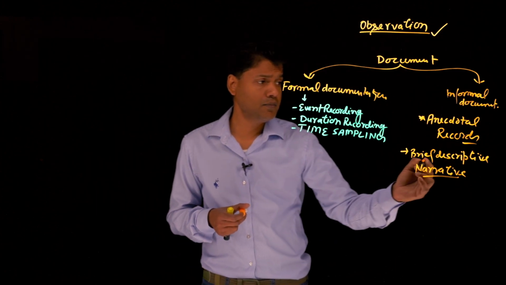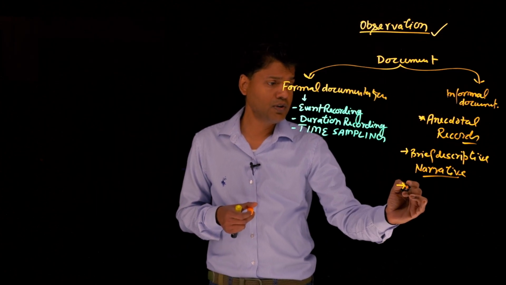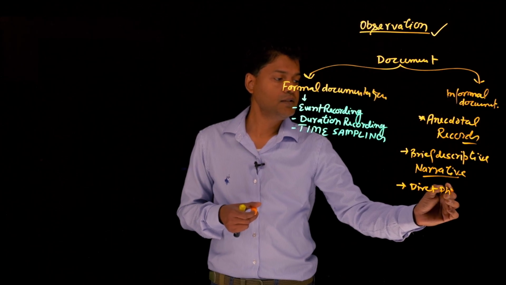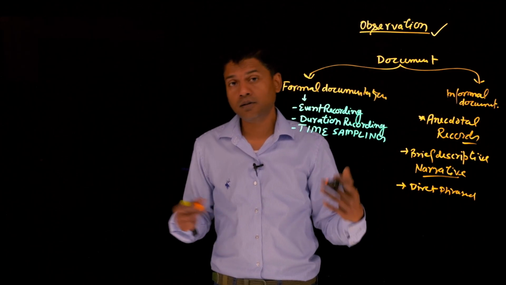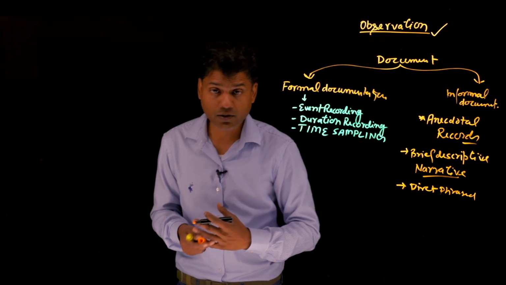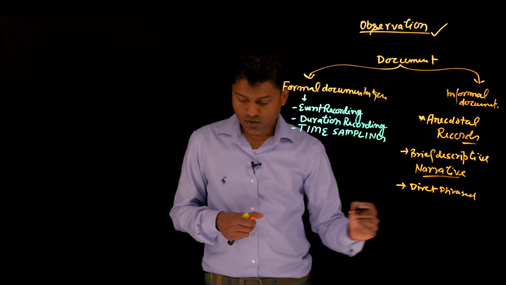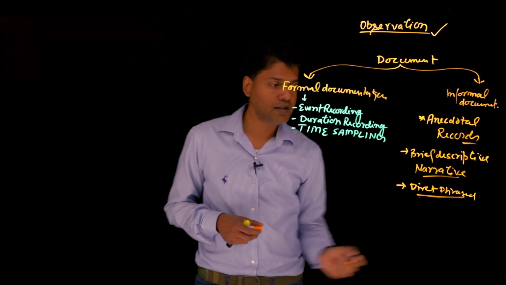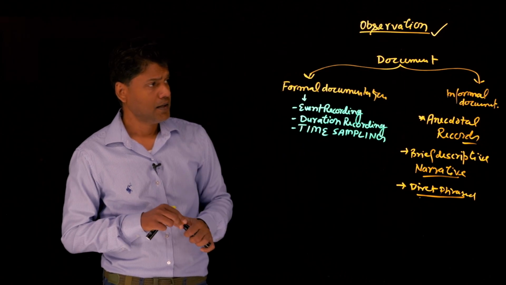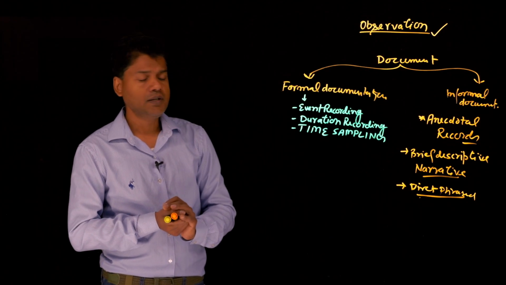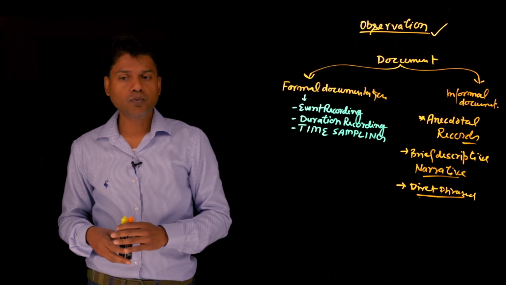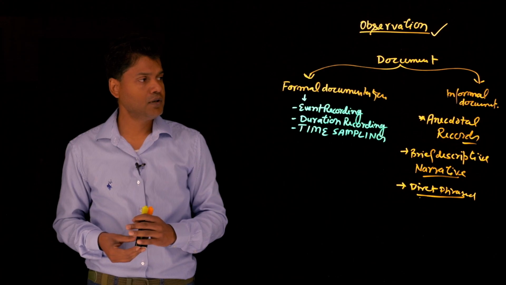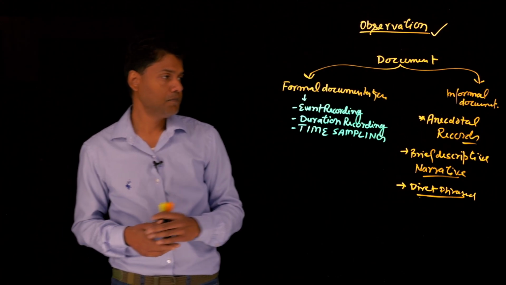Sometimes in that narrative anecdote you can write direct phrases being used by the participant you are observing. You can use direct quotes or phrases that are being used. So informal documentation is also very commonly used in documenting a behavior and observation.